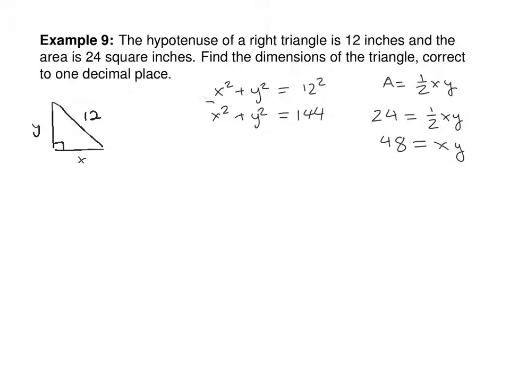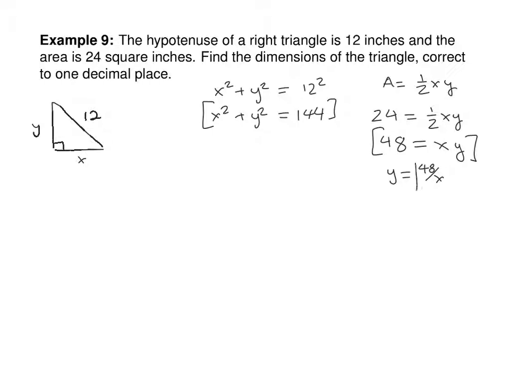Okay. I think the easiest way to do this is to somehow put these two equations together. So I'm sure you've seen this before. The second equation, can you get one of the variables by itself? Either. Let's get the y by itself. So y would equal 48 over x, right? Does that make sense?